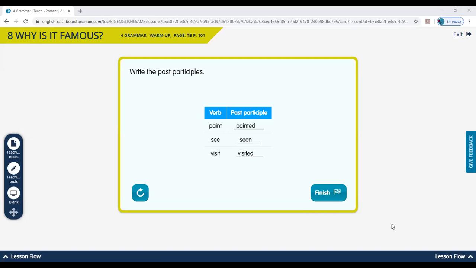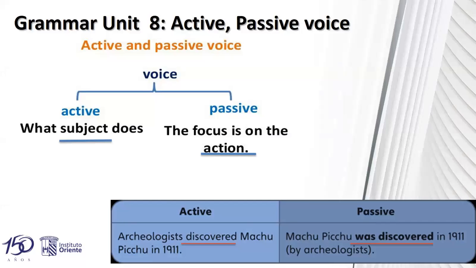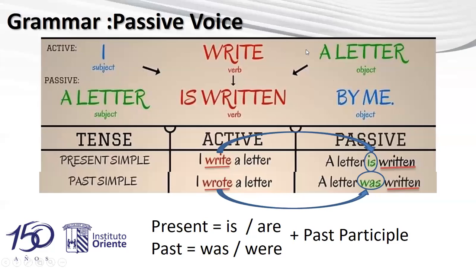I hope so. Okay? So, now, pay attention to the grammar. Please observe. We have subject, verb, and object. This is the order for active. We have a subject.